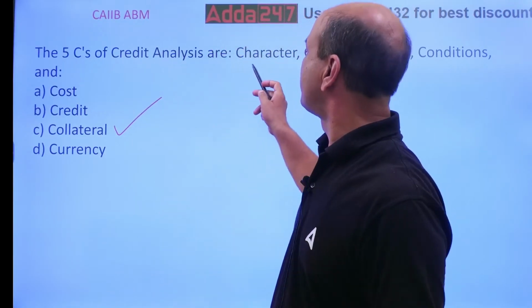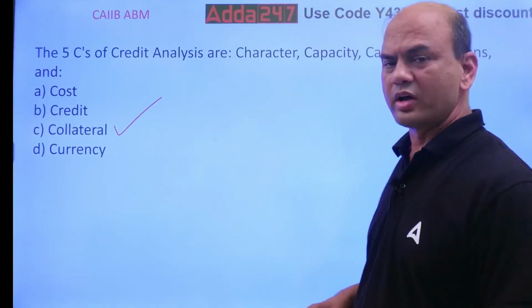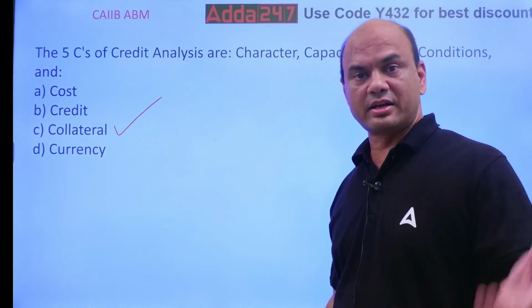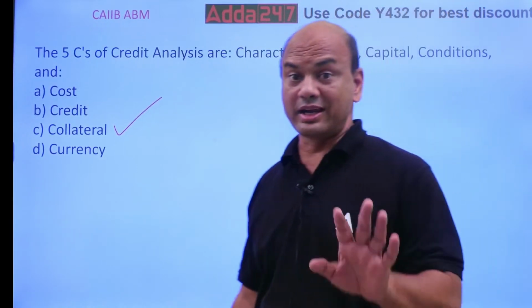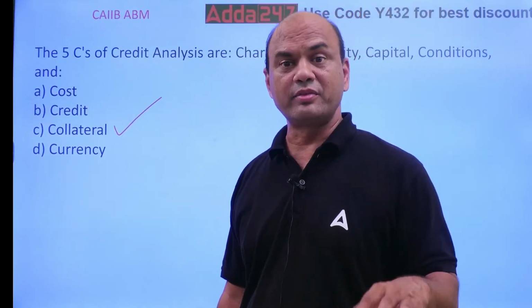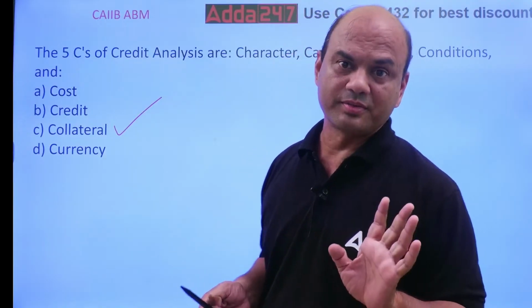Basically, you have to look at only these 5 things whenever you are giving a loan to any individual or even a company. Character of that company, financial character. Character doesn't mean personal character. That person might have married 1 time, 2 times, 3 times. That's not your concern.